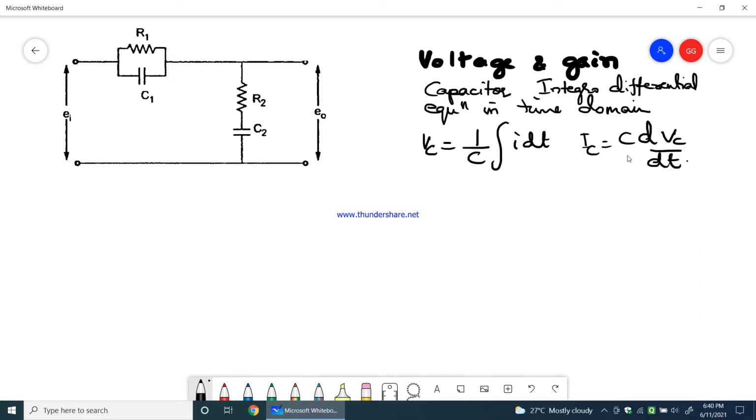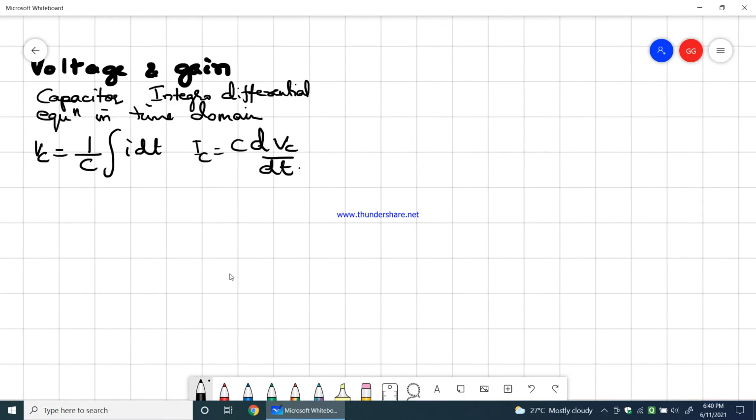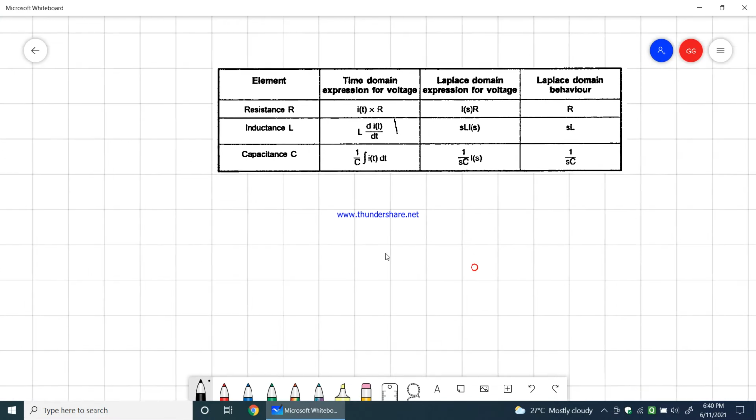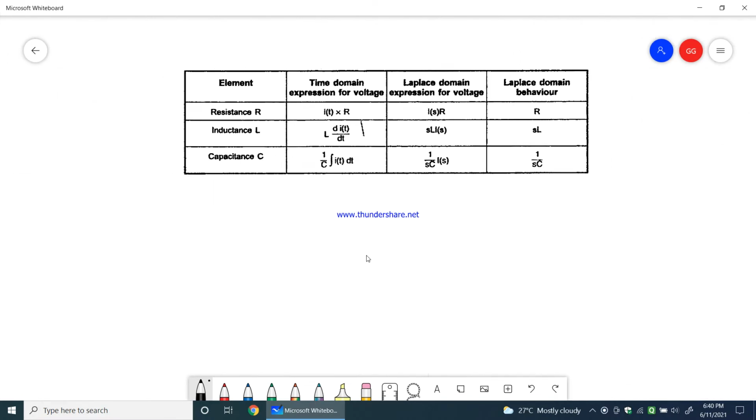So I'll quickly show you the table for the Laplace equivalent terms. I have already explained this in the network theory subject, and you can go back and look into the Laplace transformation chapter in my network theory videos to see why I am taking these particular parameters.